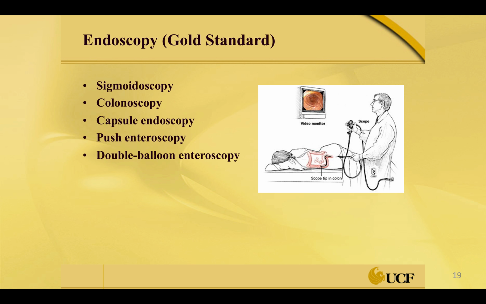Actually, I have never seen the last two, the push enteroscopy and double balloon enteroscopy. I think those are very GI-specific and specialized procedures, not very commonly seen, at least in the setting of ICU patients.